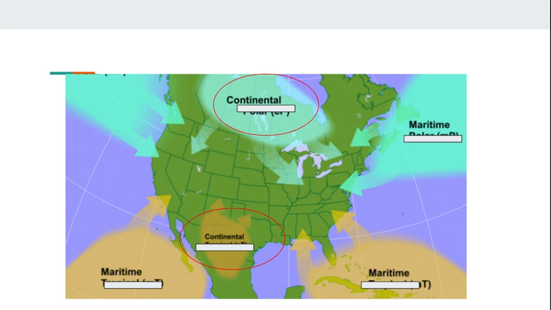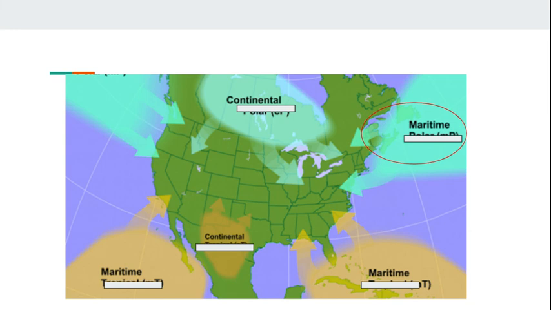Now, let's take a look at the maritime air masses. Let's look at the northeast, where we see our first maritime air mass. This air mass was formed in the waters north of the US and Canada and is making its way south towards the equator.